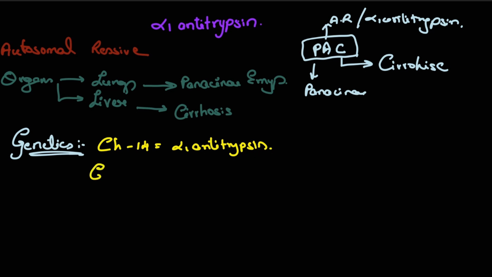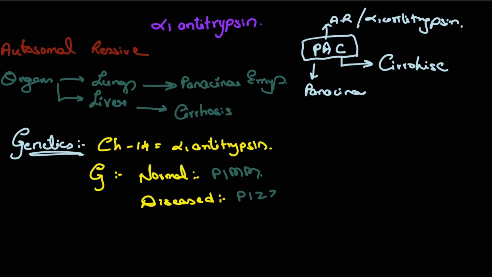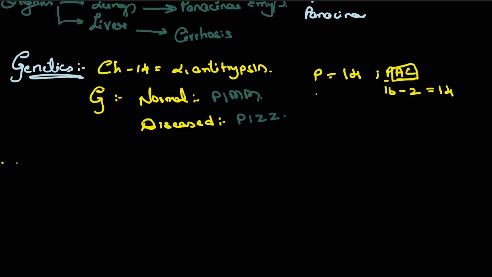Normally the genotype is normal genotype. It is PIMM, but in abnormal one or in diseased one, it is PIZZ. Now let's go into the histology.